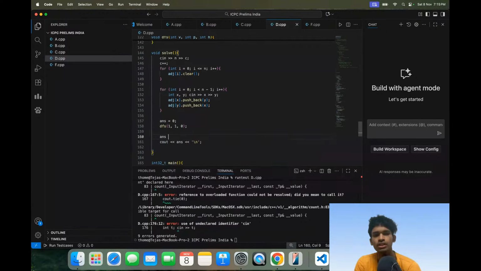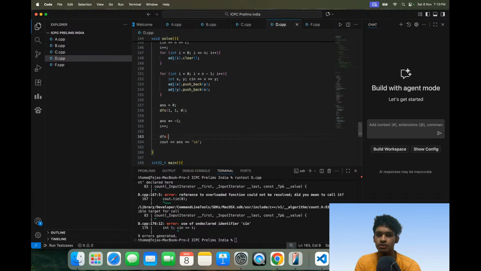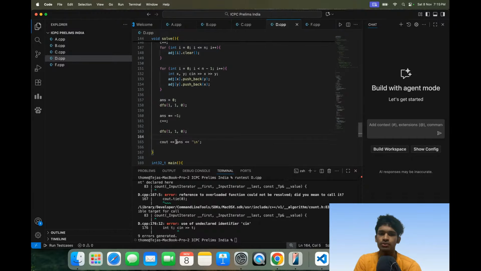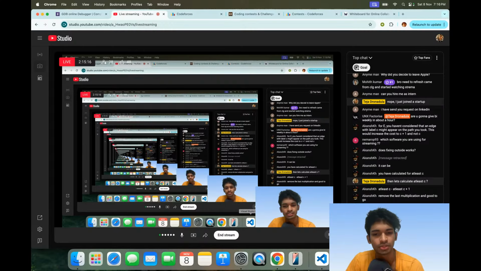I'll make answer times equals -1, and then I'll do c plus plus, and then I'll again do dfs of 1 comma 1 comma 0. This would be the answer. So we are subtracting the previous answer, and then we are adding c plus 1's answer. Is that clear, Akansh? Do you think it's fine?